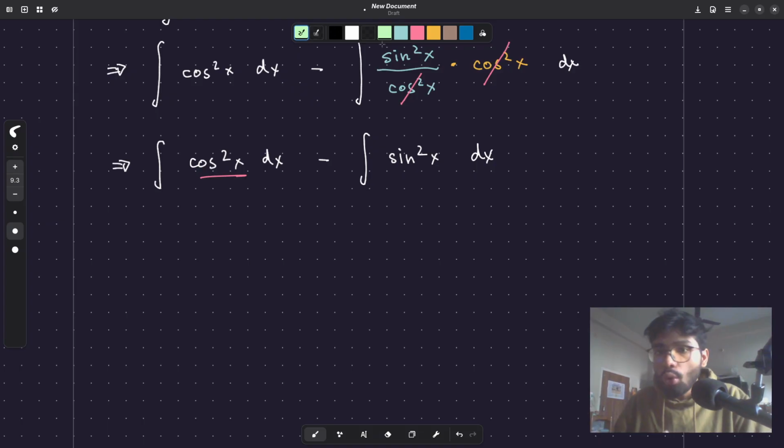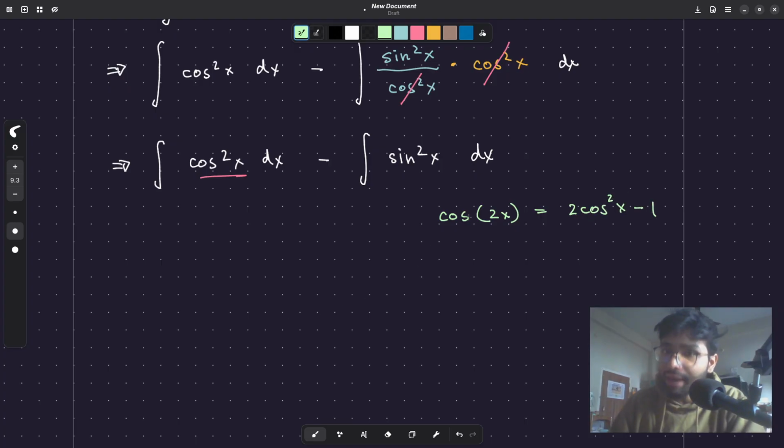What do we know about these squares of cosine or sine? We know that they relate to the half angle formula. That is, for cosine of 2x, cosine of 2x equals 2 cosine squared x minus 1. And again for cosine of 2x, this also equals 1 minus 2 sine square x.